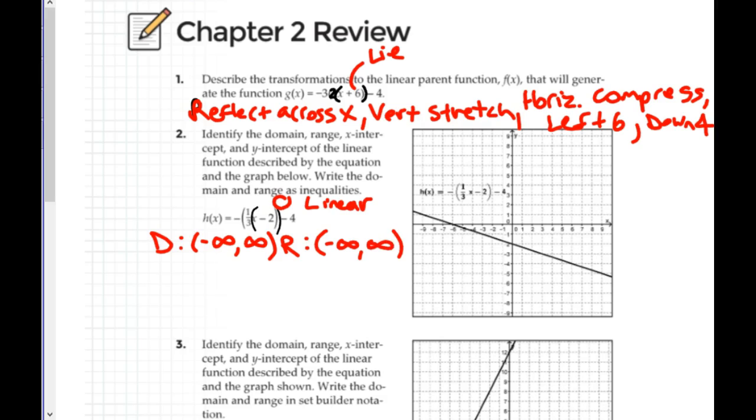For the x-intercept and y-intercept, you can look at the graph over here. The x-intercept, where it crosses the x-axis, is at (-6, 0). Y-intercept, look at the graph: (0, -2). Okay, that's it.